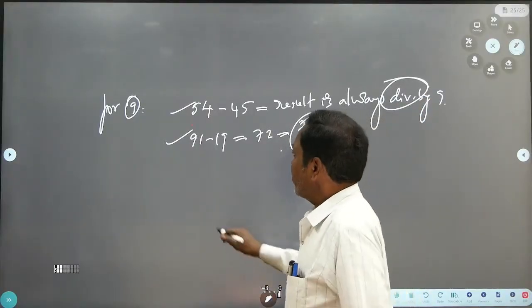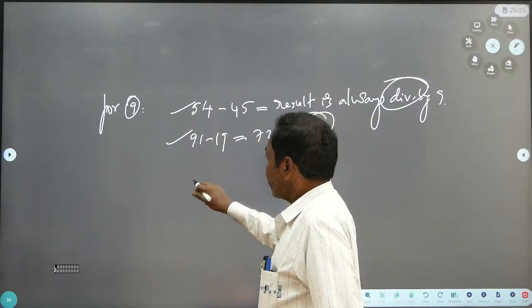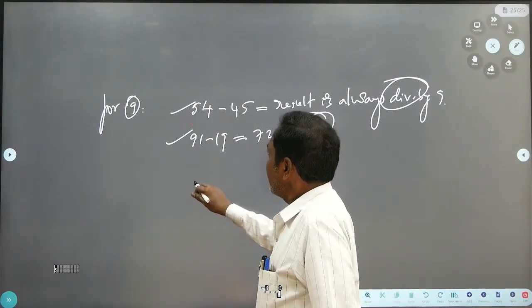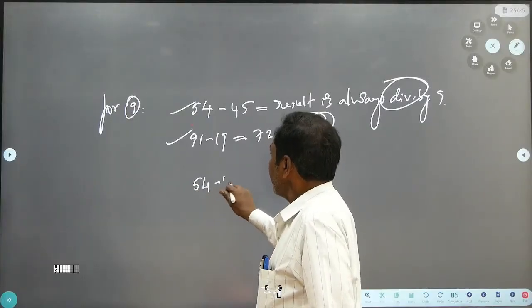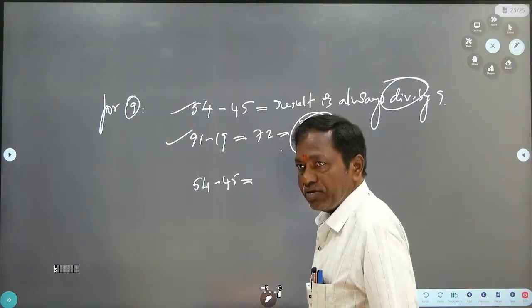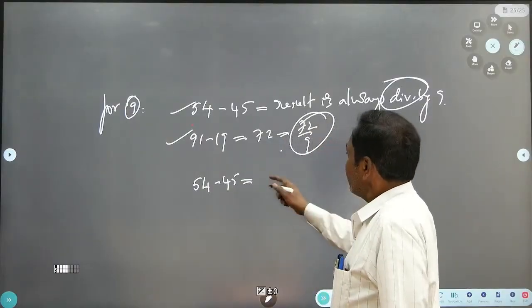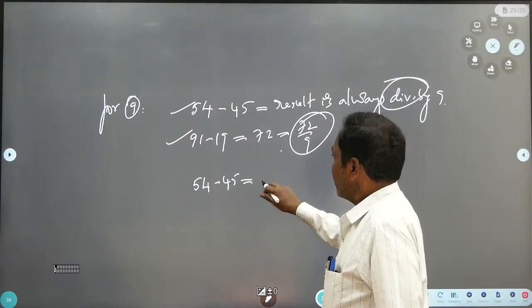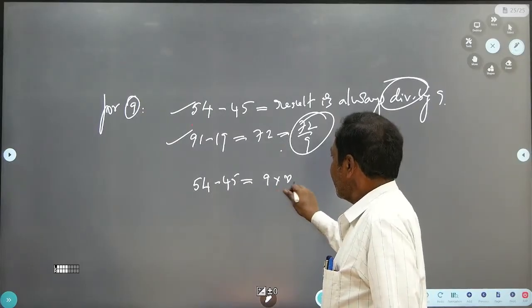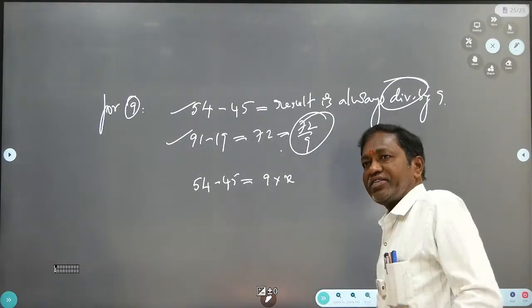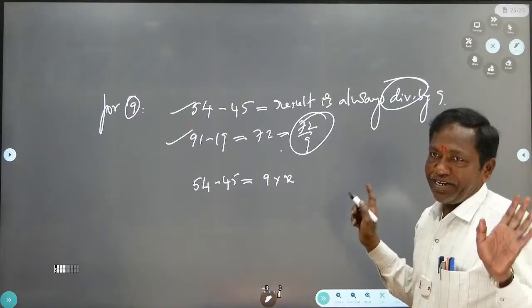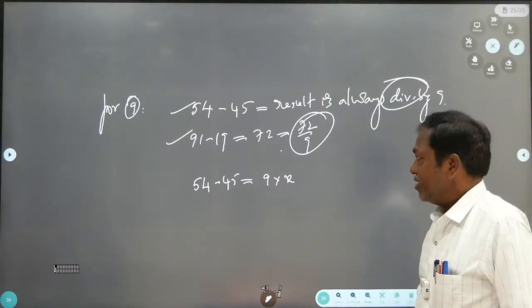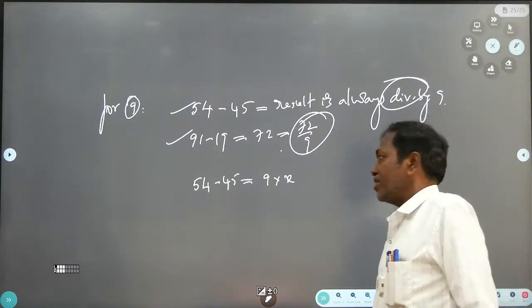Let us say, straightforward, 54 minus 45 is equal to 9 into x. x may be 1, 2, 3, 4, 7, 8, anything. It means multiples of 9, it means divisible by 9.